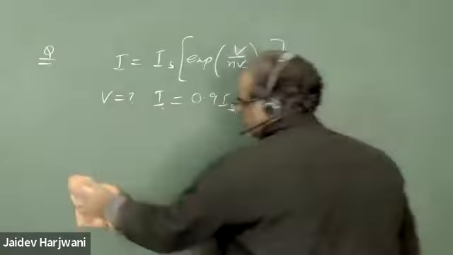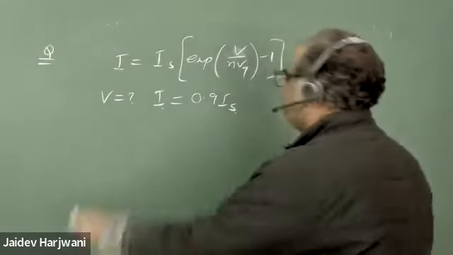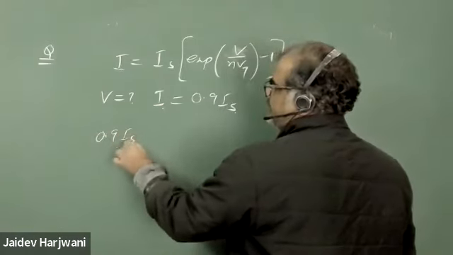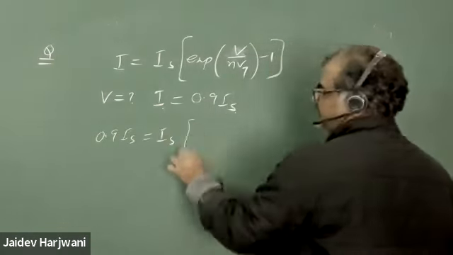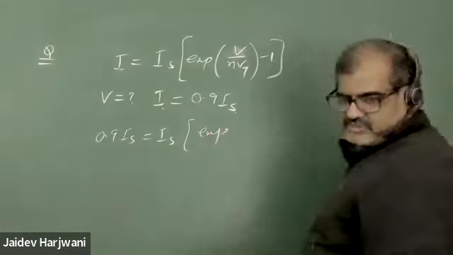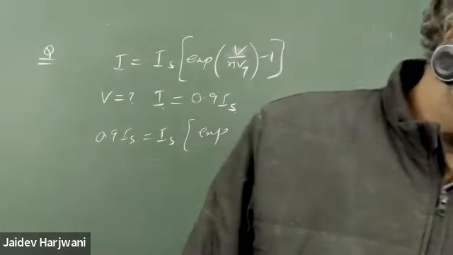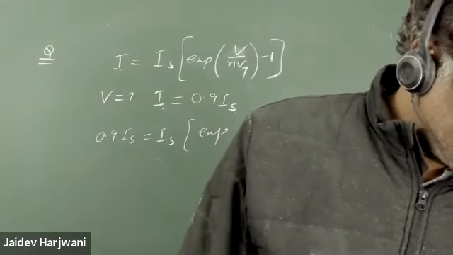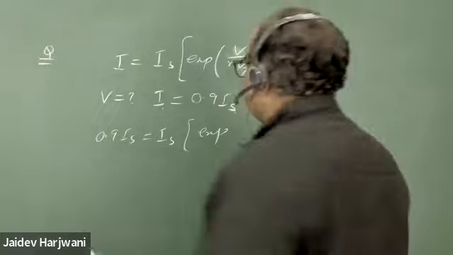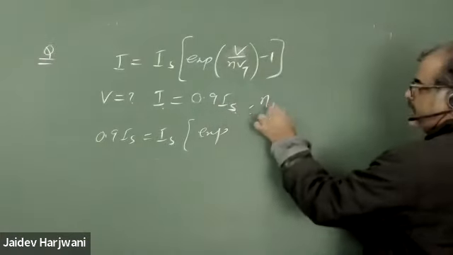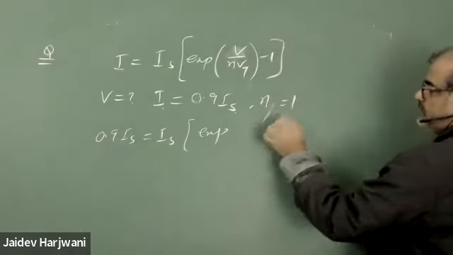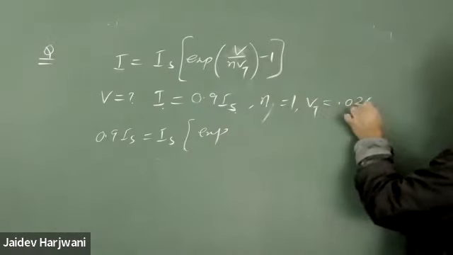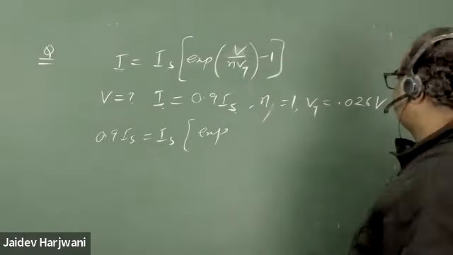So you want to find the voltage. This is given 0.9 IS. Temperature also may be given in the question. You can take eta equals 1 in the question, and you can also take Vt equals 0.026 volt, that means 26 millivolt.